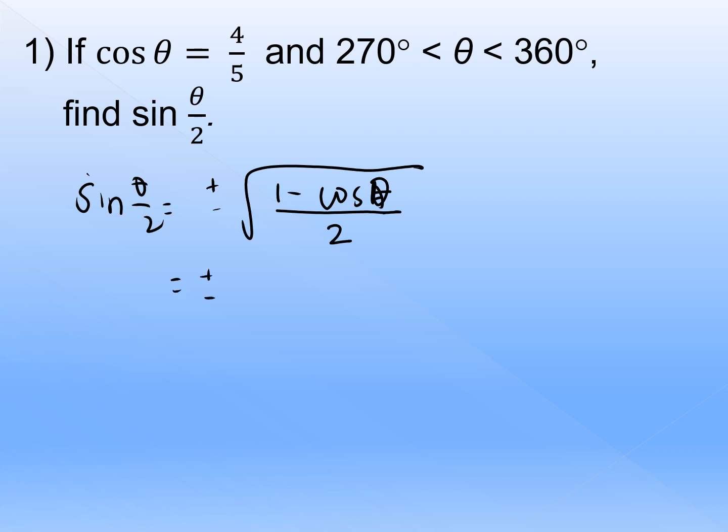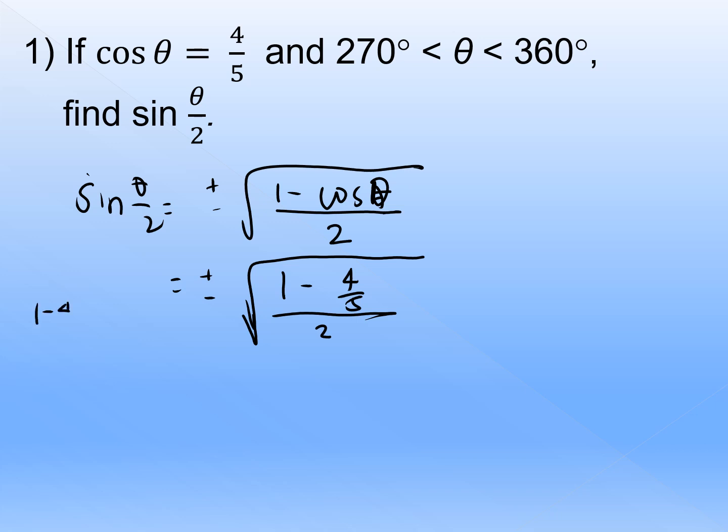Since we have the value of cos theta, it's just simply substituting the given value. So we have 1 minus, instead of writing cos theta, the value for cos theta, which is equal to 4 over 5, all over 2. Now let's simplify 1 minus 4 over 5 all over 2.